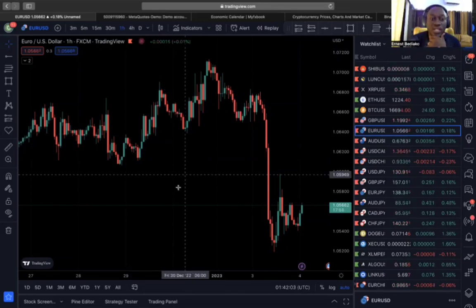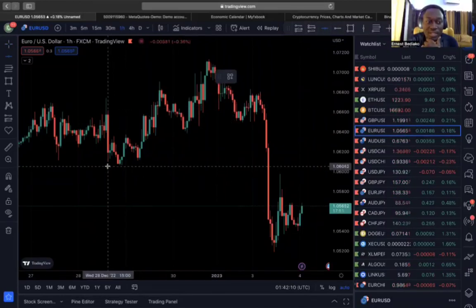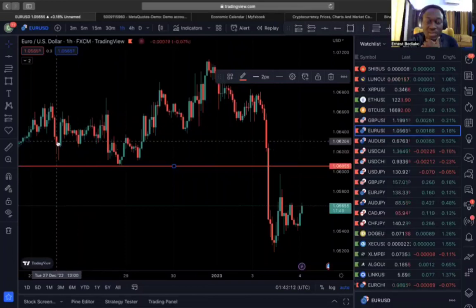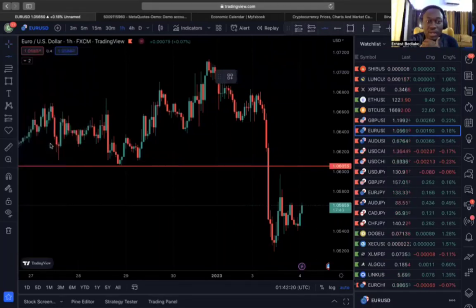When we look at this chart, we will be using a horizontal ray for that on TradingView, which is our charting platform. You see it right here on your left hand side. You see horizontal ray. Is that okay?